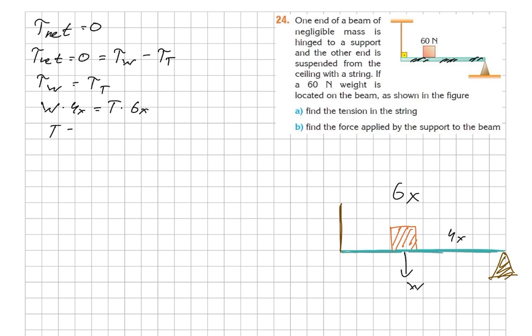So the tension is equal to weight times 4x over 6x, so it's equal to weight over 3. Now just put the numbers. 60 newtons over 3, so it's going to be 40 newtons of tension.